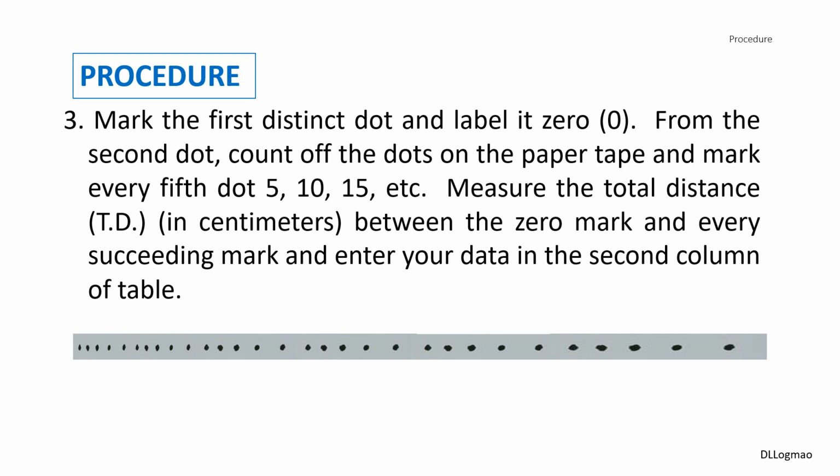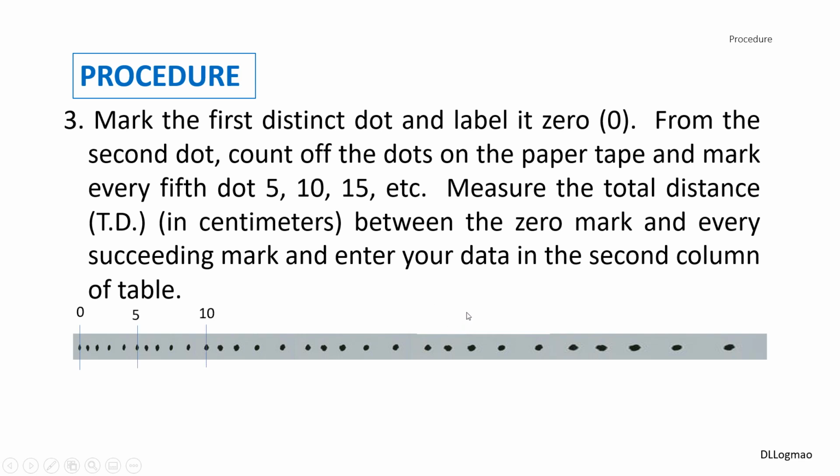From the second dot, count off the dots on the paper tape and mark every fifth dot, 5, 10, 15, etc. Measure the total distance, TD, in centimeters, between the 0 mark and every succeeding mark, and enter your data in the second column of the table. Read the total distance using the meter stick or ruler.